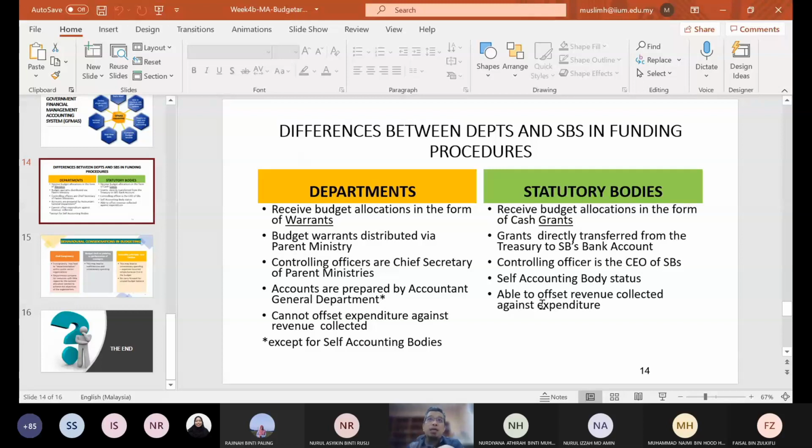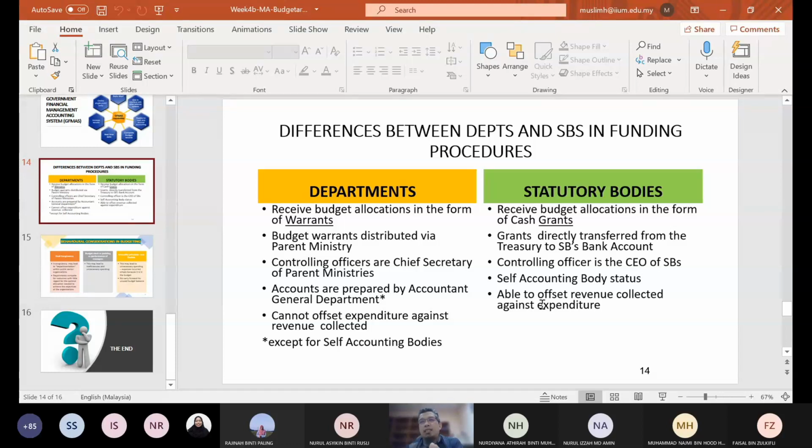But if they collect the money and the money must be channeled directly to the government, maybe they can receive fees. For instance, inland revenue. Inland revenue was a department, then it was upgraded and changed its status to become a statutory body. So they receive fees.